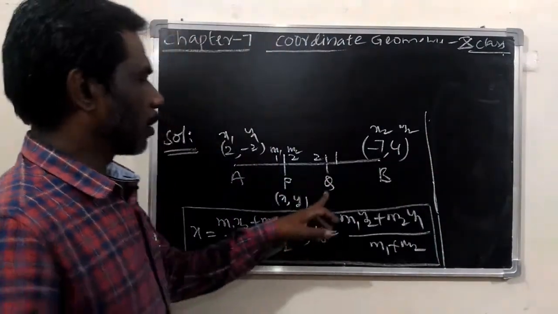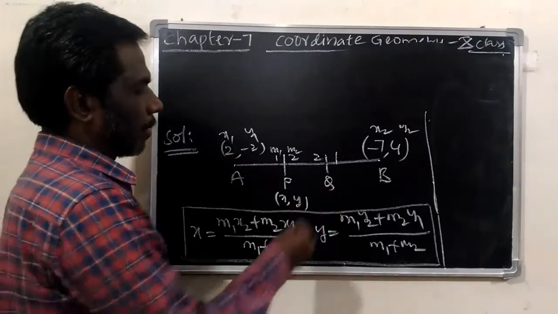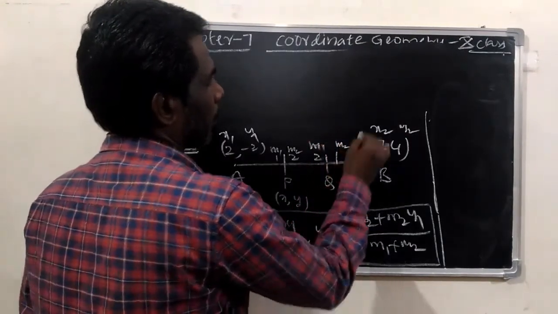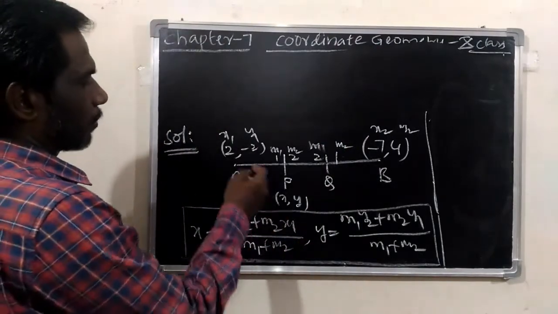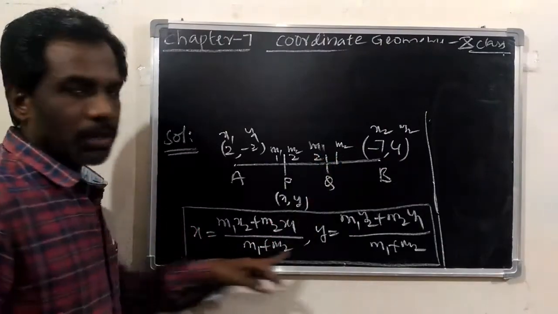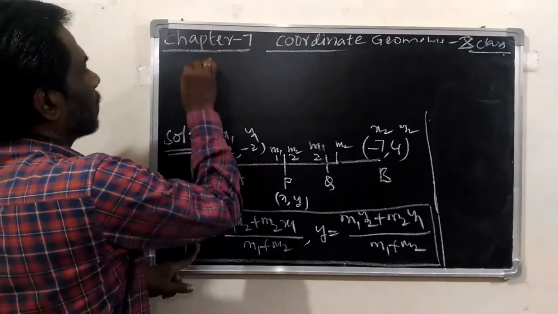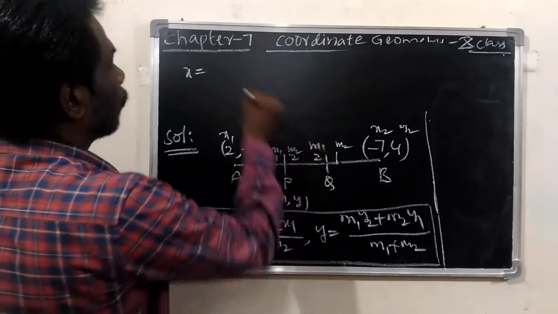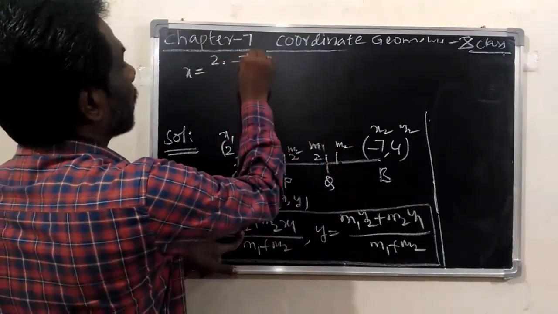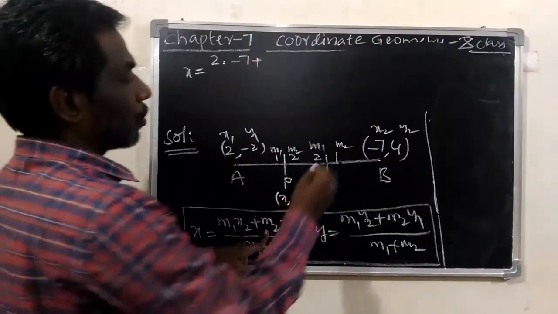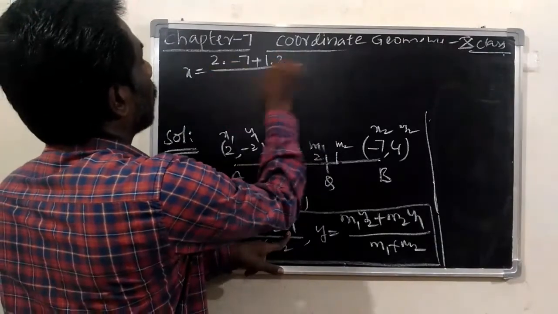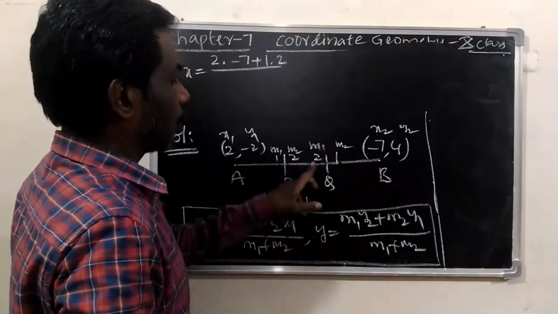Next we need to find the value of Q. Now this is m1 and this is m2. So substitute these x1, y1 and x2, y2 and these m1, m2 values in this formula. x equals m1, which is 2, into x2, which is -7, plus m2, which is 1, into x1, which is 2, by m1 plus m2, which is 2 plus 1.